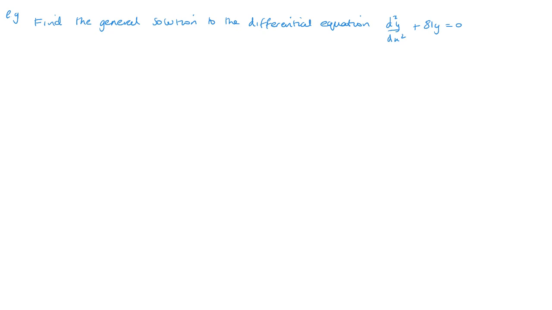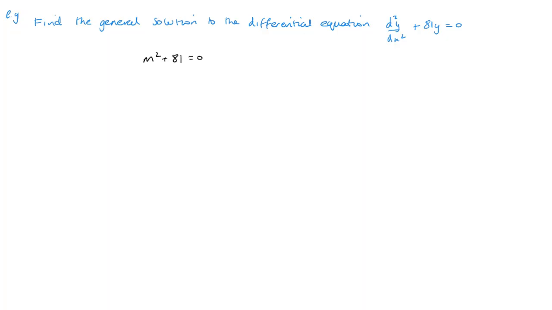So final example. Now this is one that should, if I pick the right values, give us an equation that is purely imaginary. So we've got m squared plus 81 equals 0. So that is my auxiliary equation.